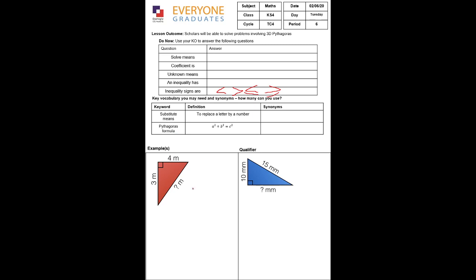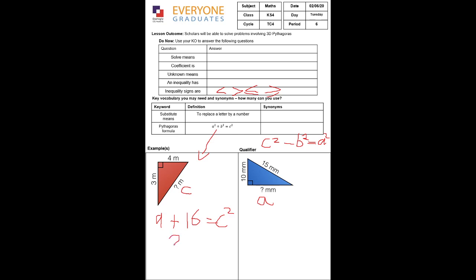Okay, examples. So this is a bit of a rehash from yesterday. I'm looking for C in this one, and I'm looking for A in this one. So my formulas are as such. We can use this one for this one, and we can use C squared, take away B squared equals A squared. So here we go. We've got 3 squared, which is 9, plus 4 squared, which is 16, equals C squared.